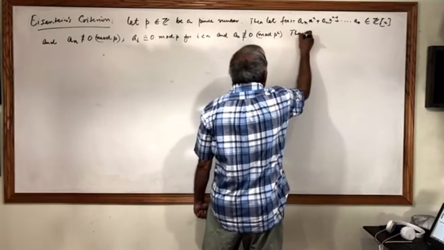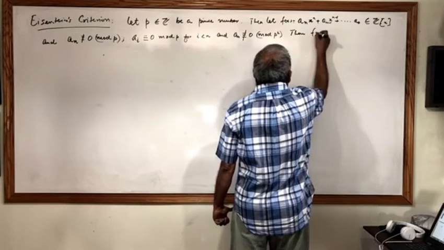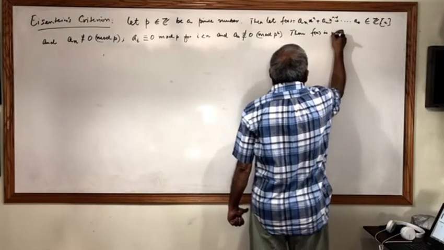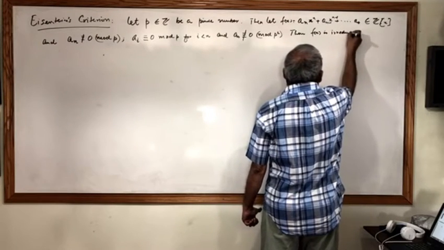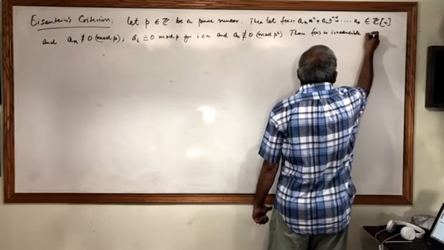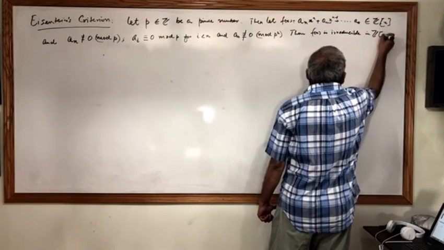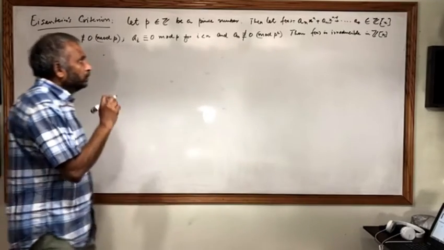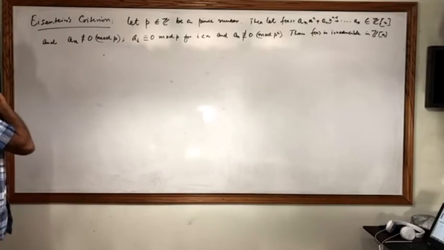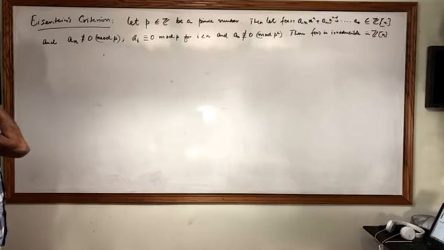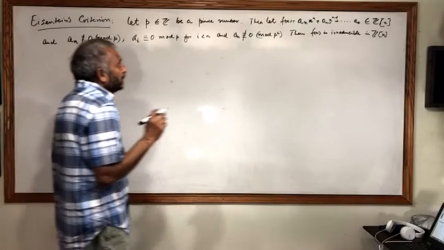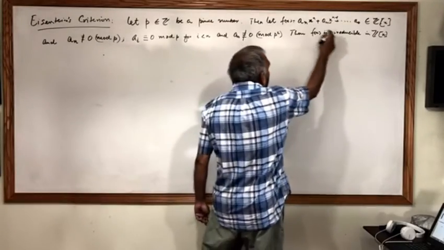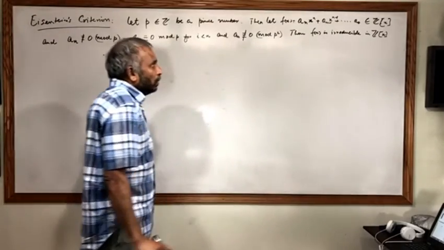Then f of x is irreducible in Z of x. It's a very powerful tool to find out whether a polynomial with integer coefficients is irreducible or not.